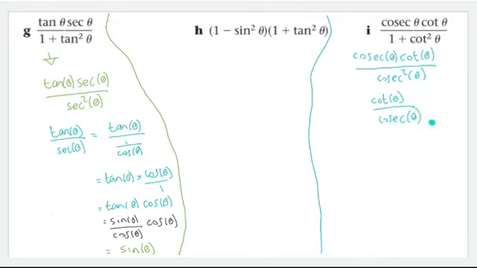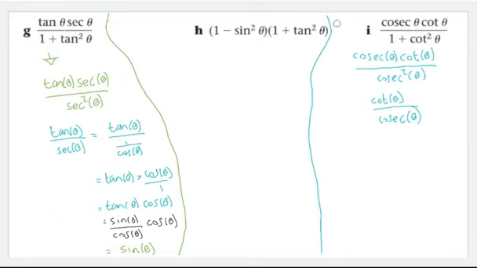Dividing the top and bottom by cosec, the top becomes just cot theta, and the bottom, cosec squared divided by cosec is just cosec. Okay.